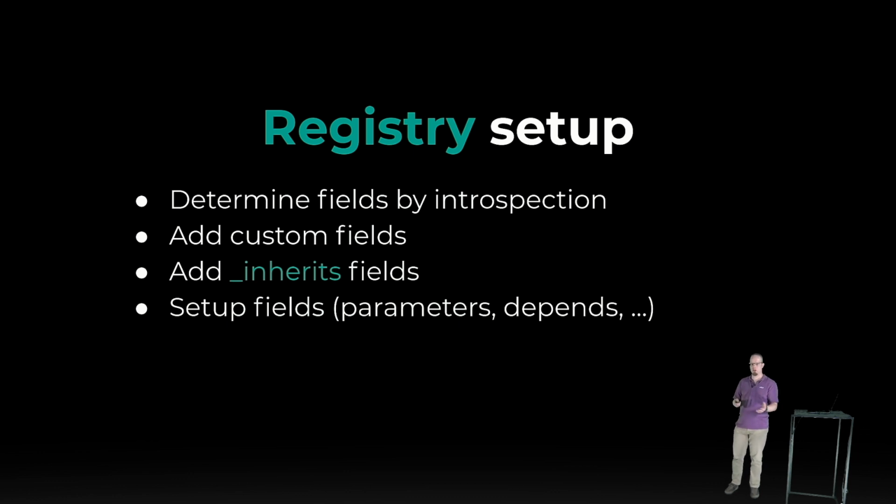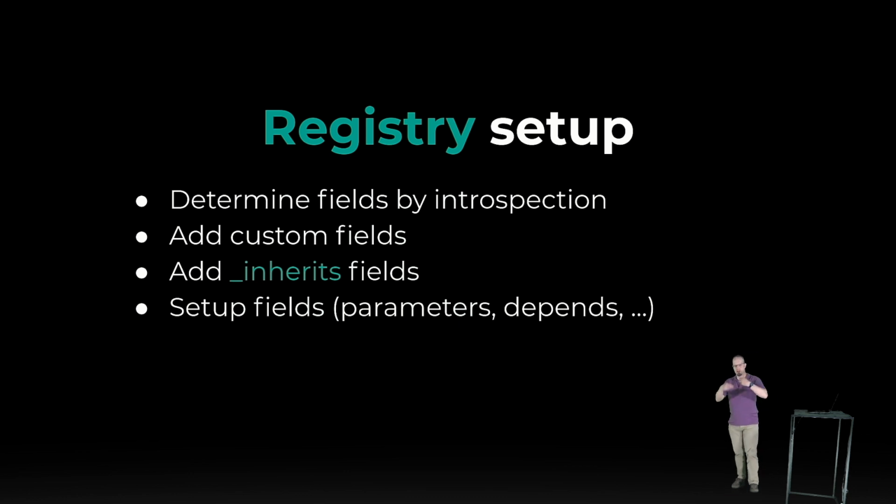So with this setup, essentially, you introspect to determine which are the fields defined by the model. You will consider also the custom fields added to that model, and then the fields inherited from other models, inherited in the meaning of underscore inherits, and those ones are defined mostly as related fields to the parent model.